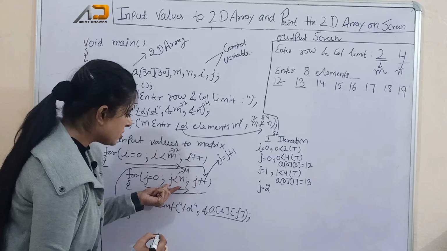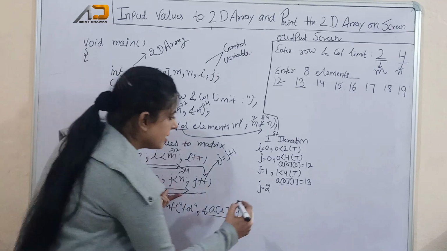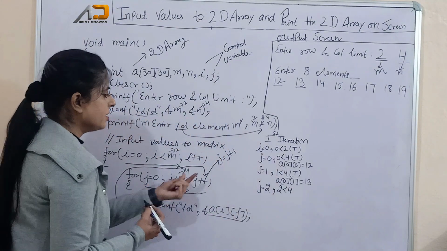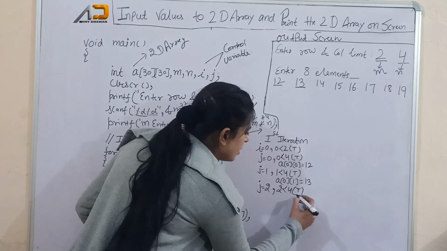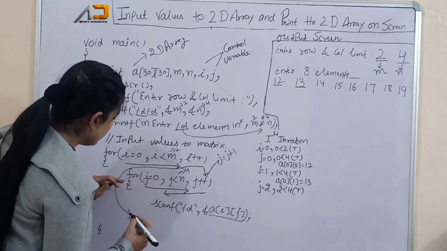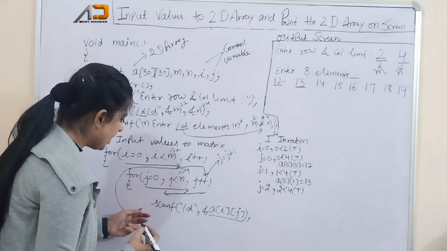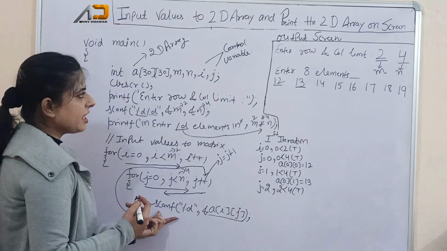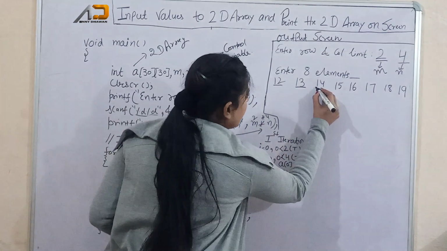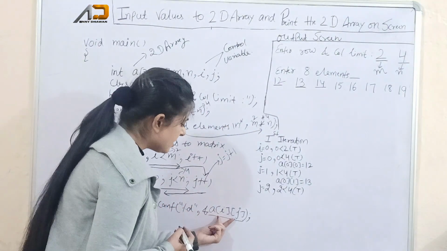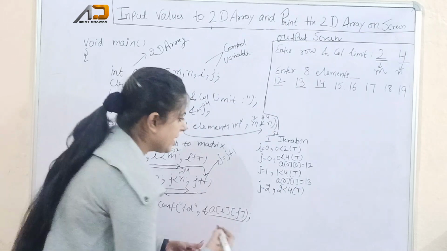And the condition is checked again here. Check the condition. Is 2 less than 4? Yes, 2 is less than 4. So the control will again move to this loop body, and again this scanf function reads the next integer value from the screen and assigns it to the variable a of ij.